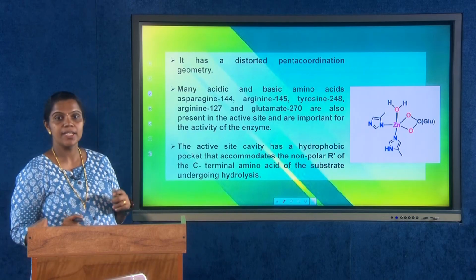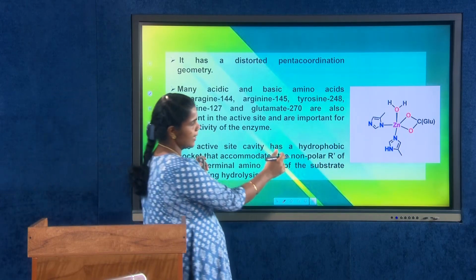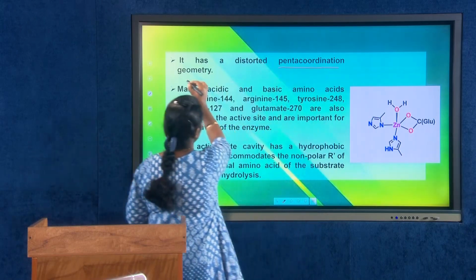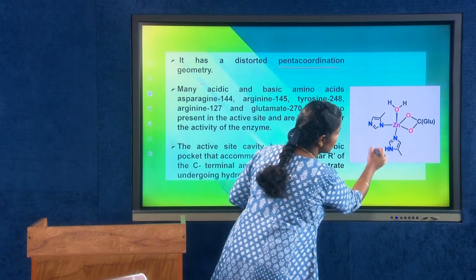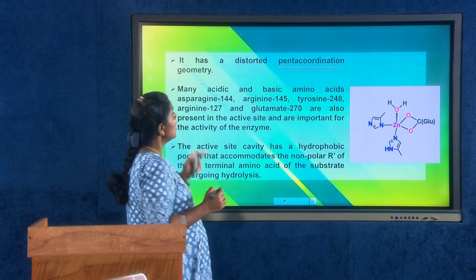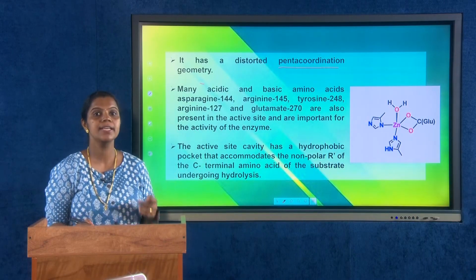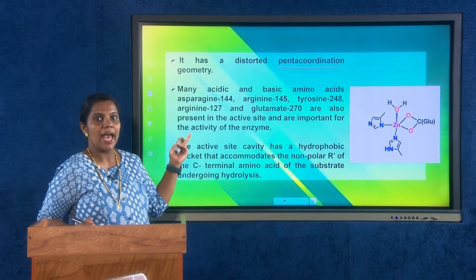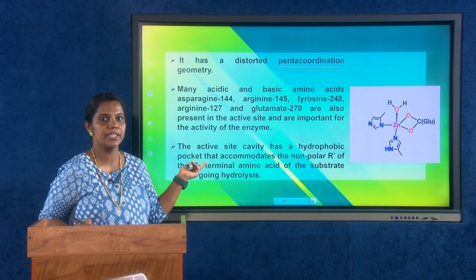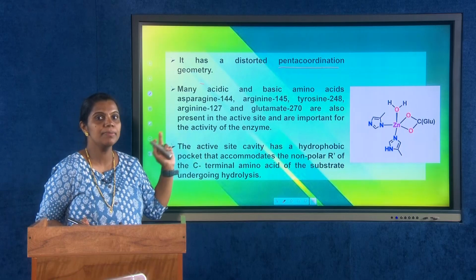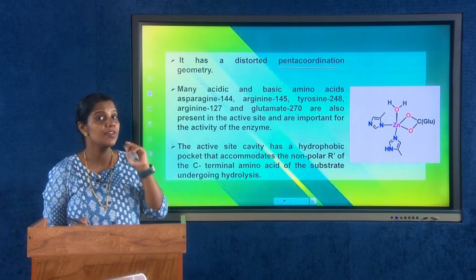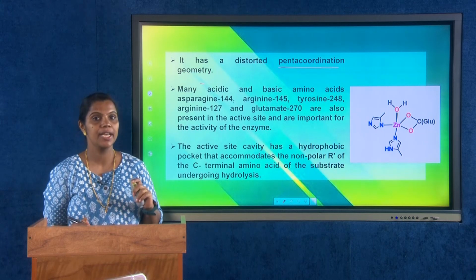Now, let us see the geometry of the enzyme. It has a distorted pentacoordination geometry. Here you can see it is pentacoordinated. Many acidic and basic amino acids like asparagine 144, arginine, tyrosine, arginine 127 and glutamate 270 are also present in the active site and are very important for the activity of the enzyme.